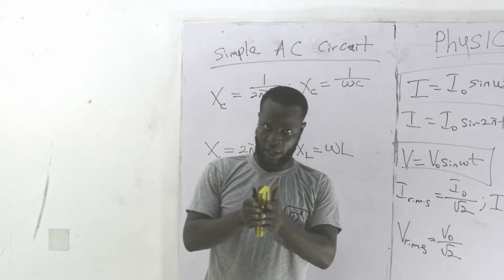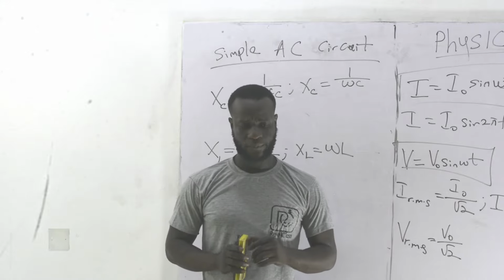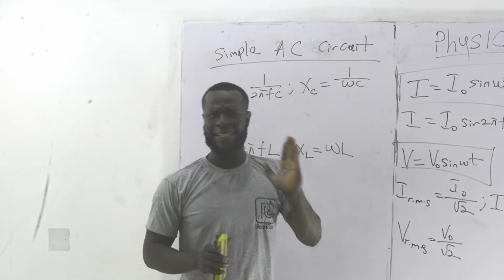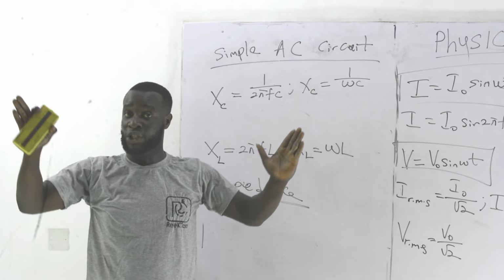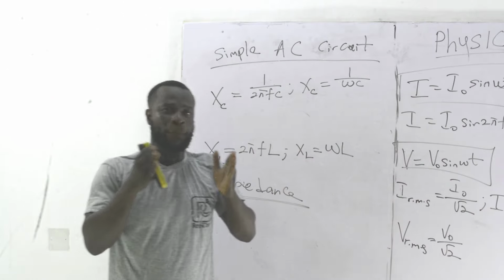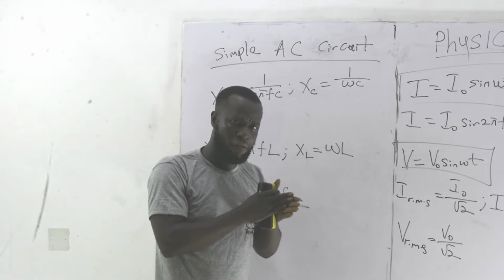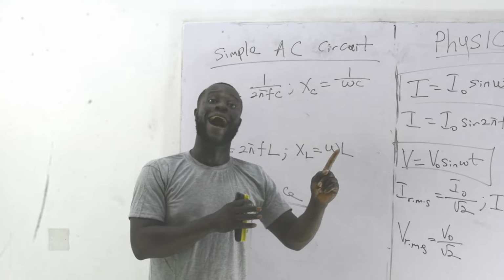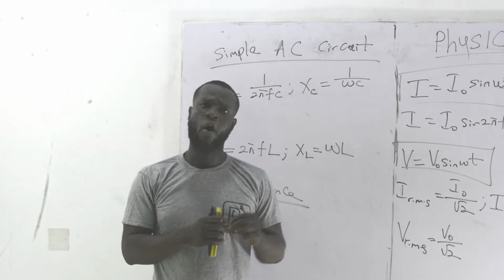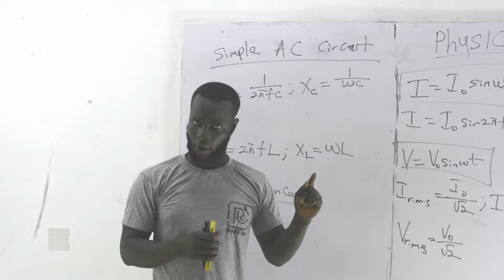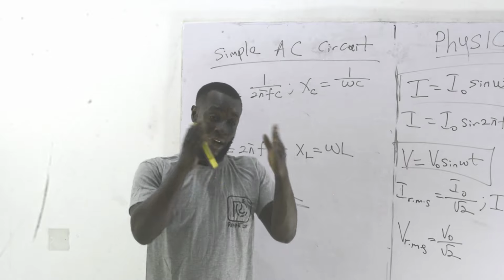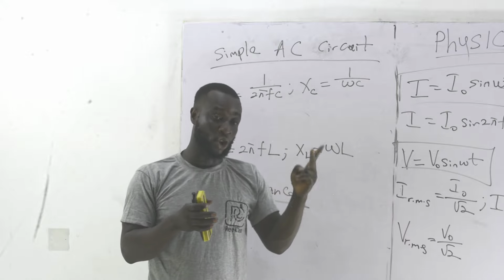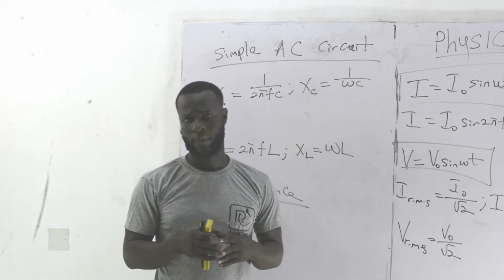So listen carefully to what I'm about to say. Impedance is the overall opposition to the flow of current brought by the combination of a resistor and an inductor, or a resistor and a capacitor, or the total combination of a resistor, inductor, and capacitor.